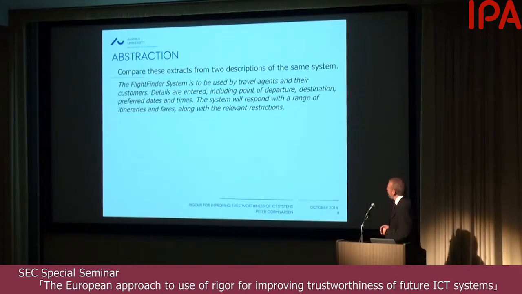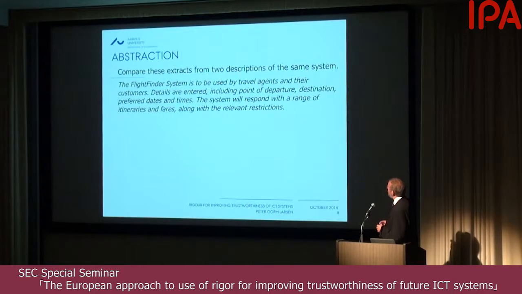If we try to take another example, this is a piece of text. I'll just read a bit of it. The flight finder system is to be used by travel agents and their customers. Details are entered, including point of departure, destination, preferred dates and time.